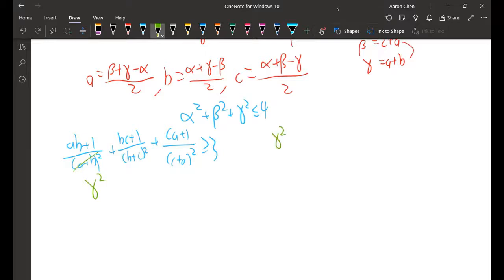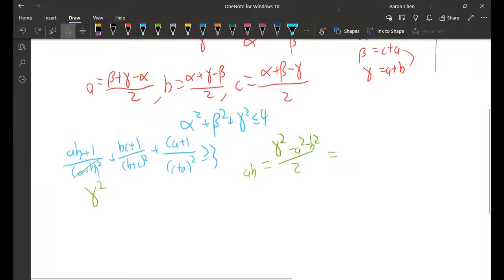So then after that, we need to subtract. So basically, ab is equal to (gamma squared minus a squared minus b squared) divided by 2.